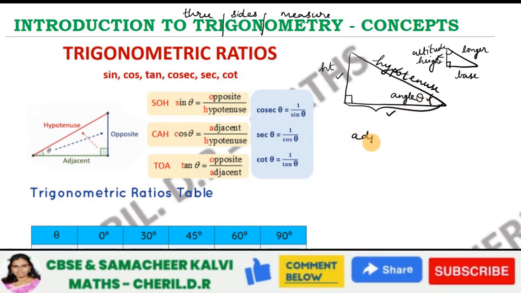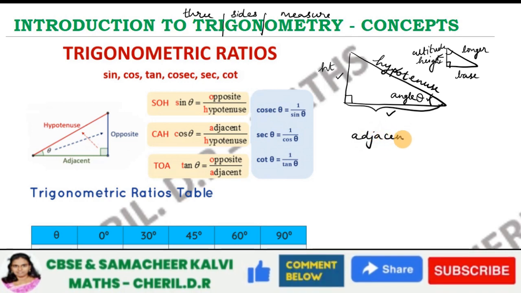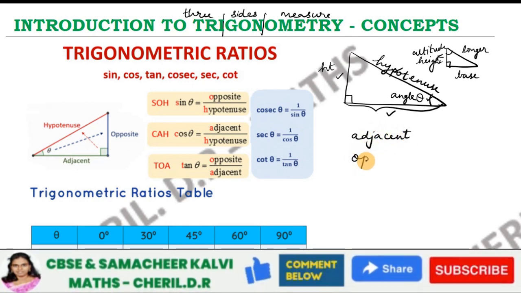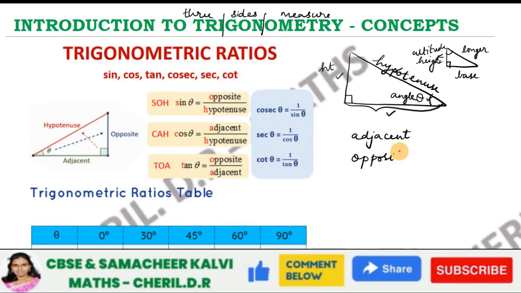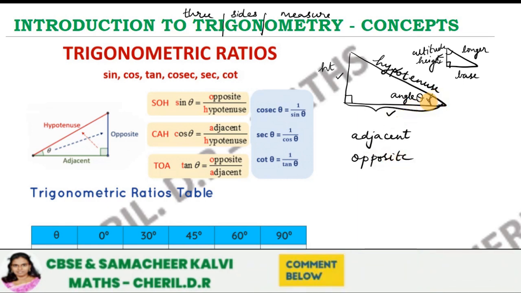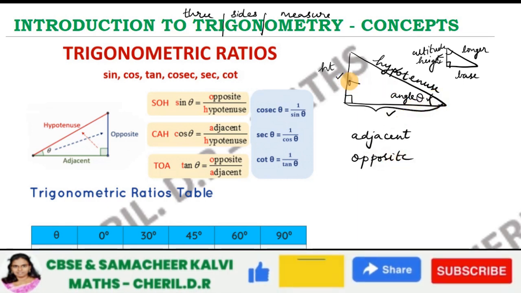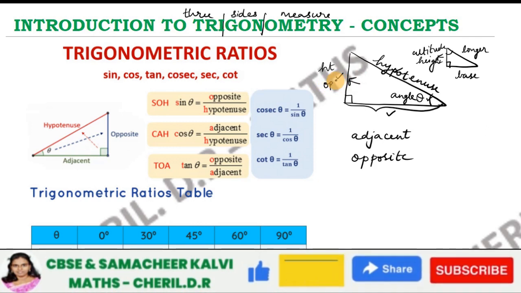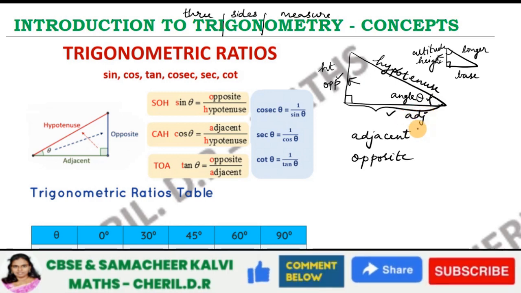One is called the adjacent side and another one is called the opposite side. So what will be opposite to this angle? We know this will be the opposite. So what will be adjacent? Automatically this side will be called the adjacent.